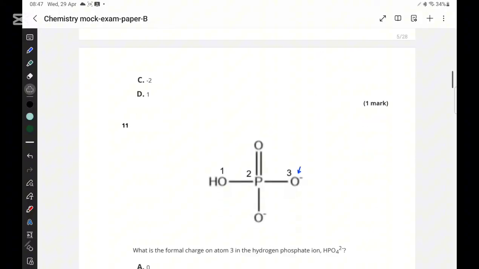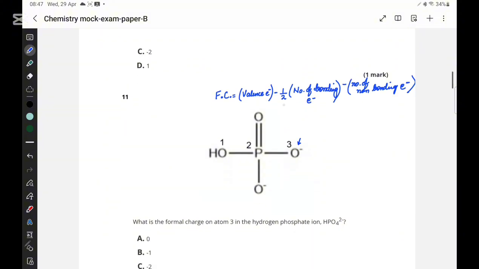Now how many valence electrons? For this oxygen we know it's going to be 6 because it belongs to group 6. Now number of bonding electrons, 1, 2, so that is going to be 2, minus number of non-bonding electrons.